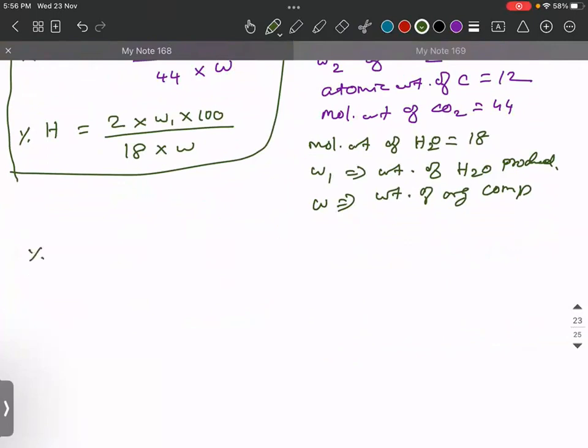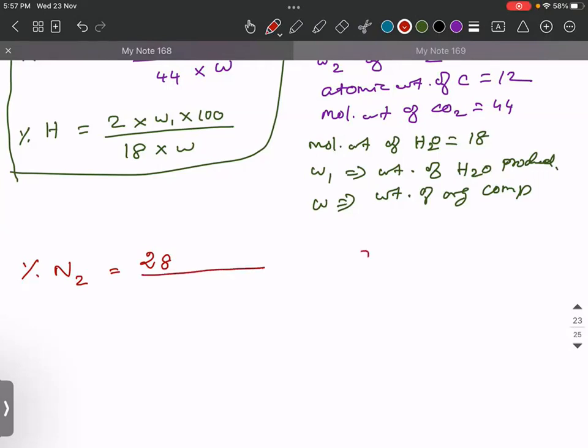And then percentage of nitrogen. In the nitrogen method, the formula is a little difficult. Percentage of nitrogen is equal to 28 into V into 100, divided by 22,400 into W. Nitrogen is 14, N2 is 14 plus 14, 28.